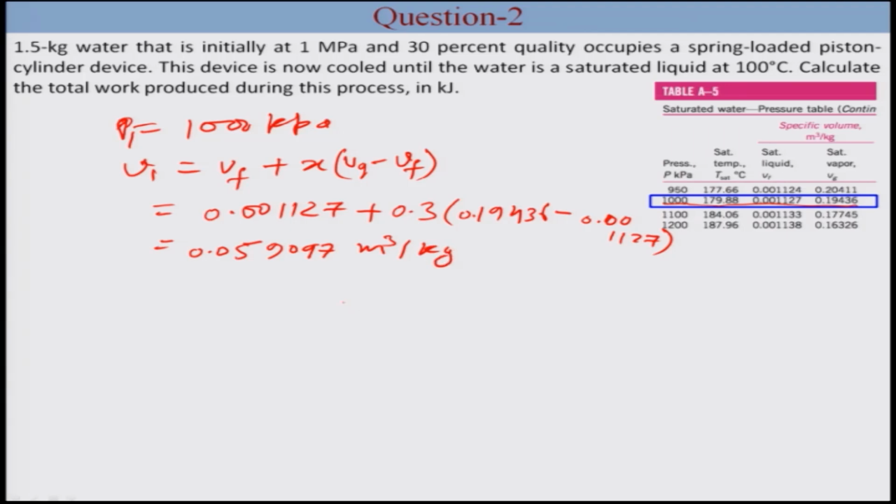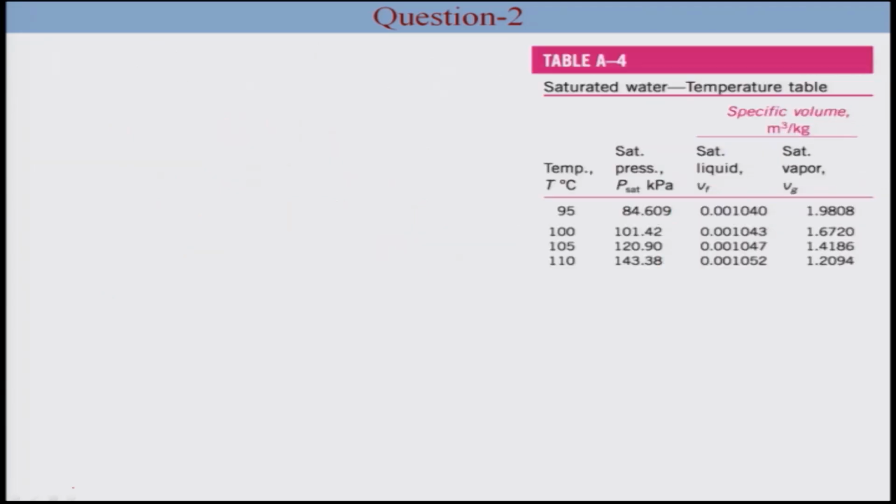Now we have to calculate P2 and V2 for state 2. Since state 2 is a saturated liquid, the temperature at this state would be 100 degrees centigrade. So from the saturated water table at 100 degrees centigrade, we can calculate P2 and V2.